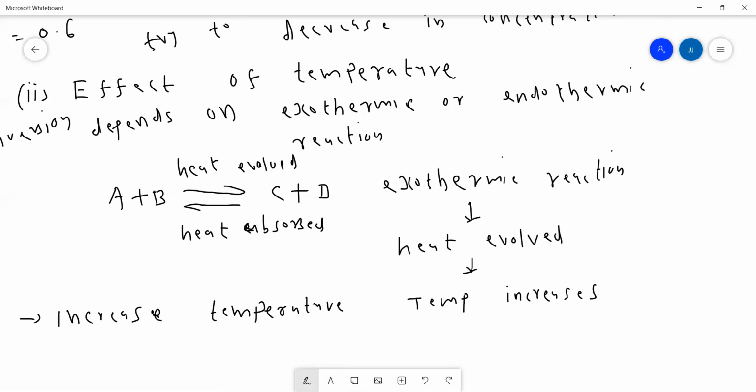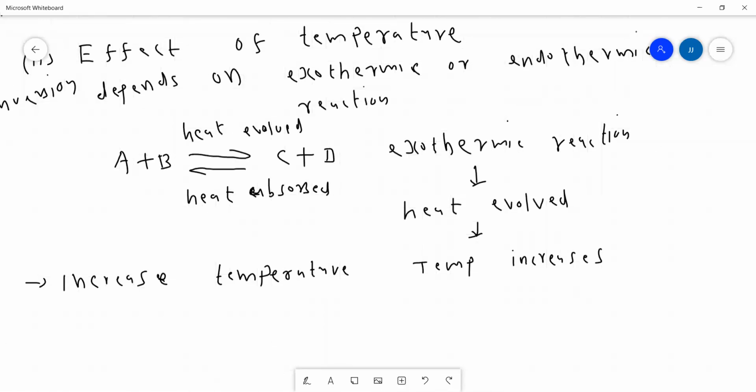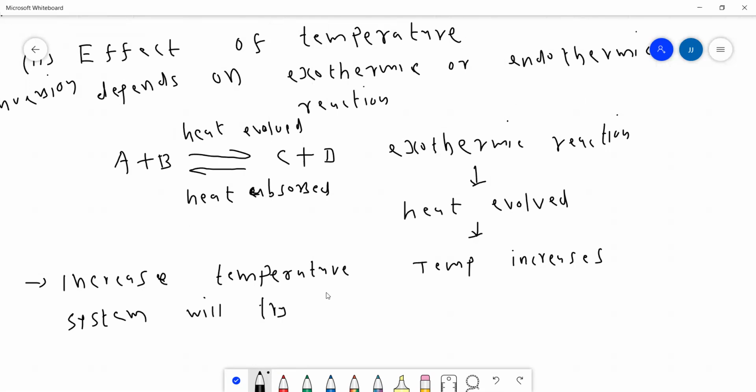That means the system will try to reduce the temperature.